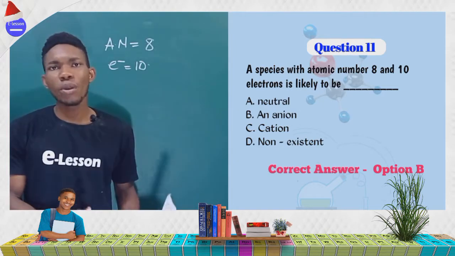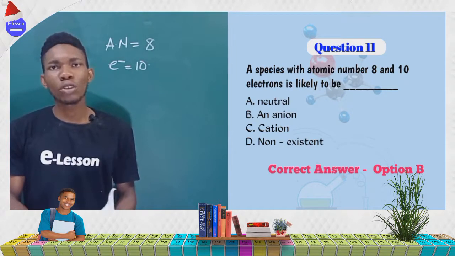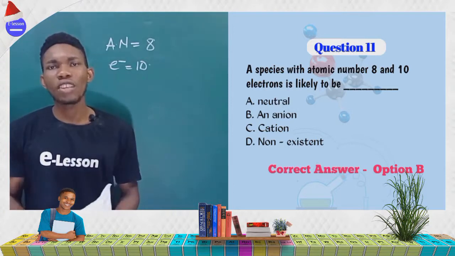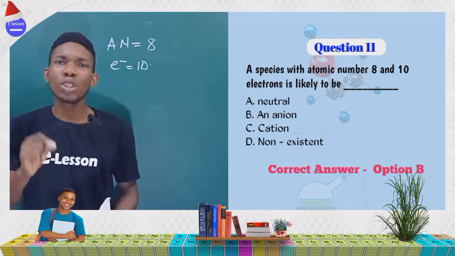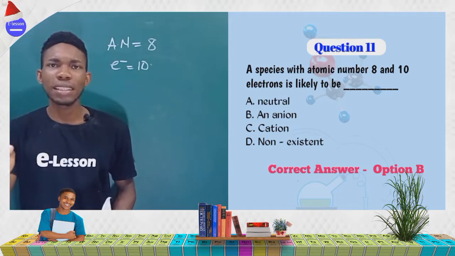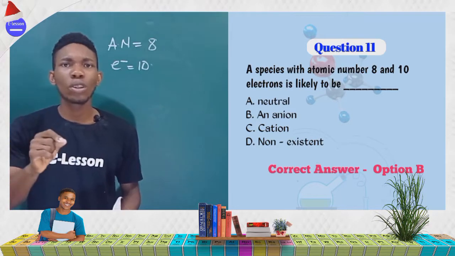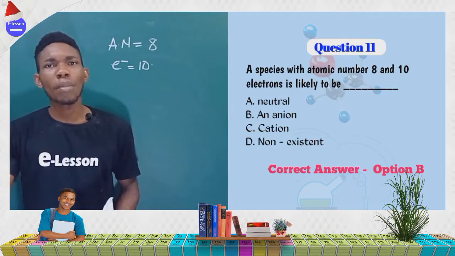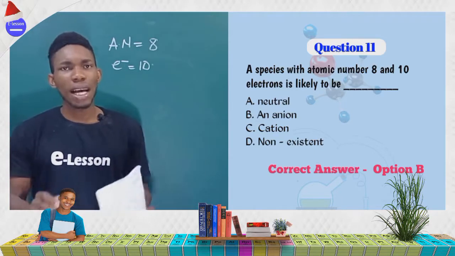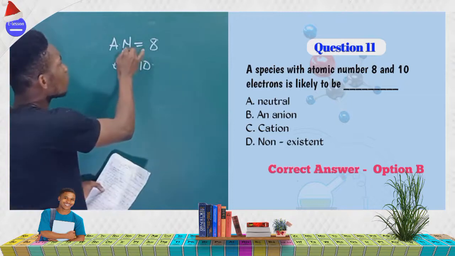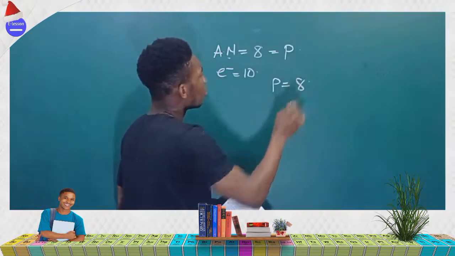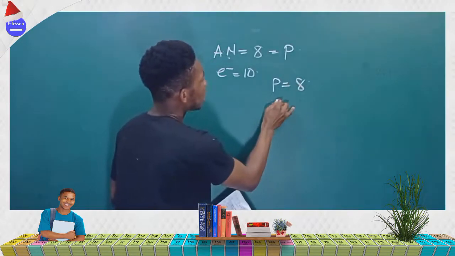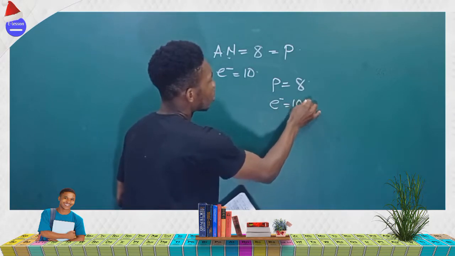The number of protons is equal to the number of electrons for any neutral atom, and the number of protons is equal to the atomic number. So the number of protons for this question is 8, and the atom has 10 electrons.